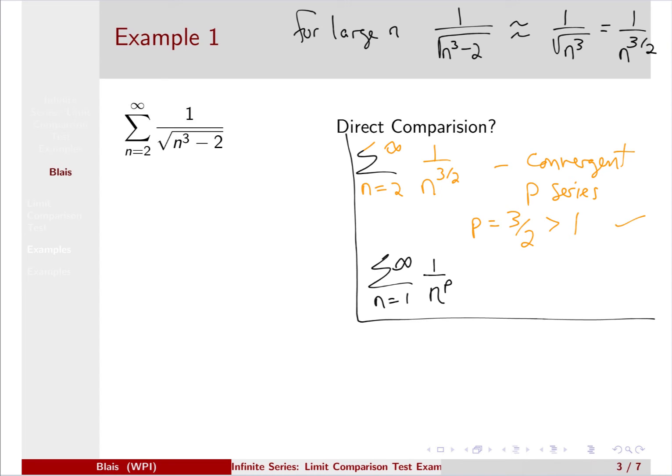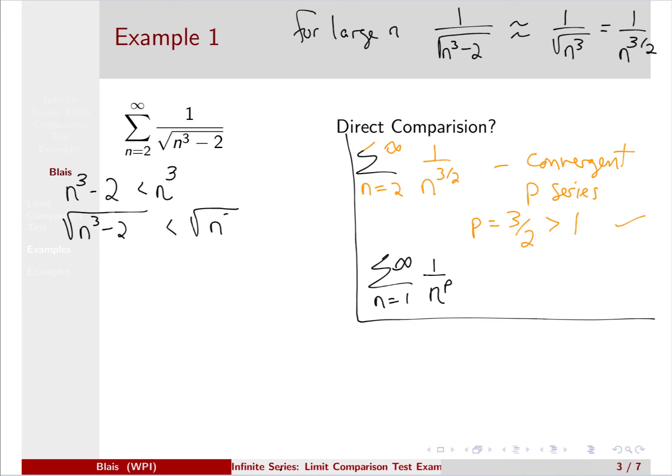So could we set up for a direct comparison test with this convergent p-series? Well, let's try that. Let's build the necessary inequality. n cubed minus 2 is smaller than n cubed. The square root of n cubed minus 2 is thus less than the square root of n cubed.